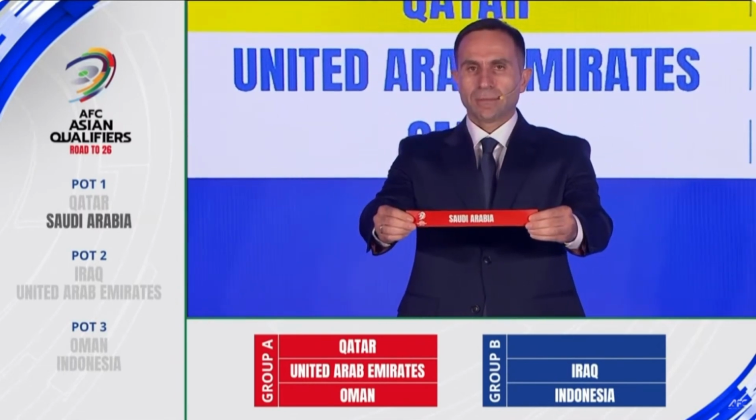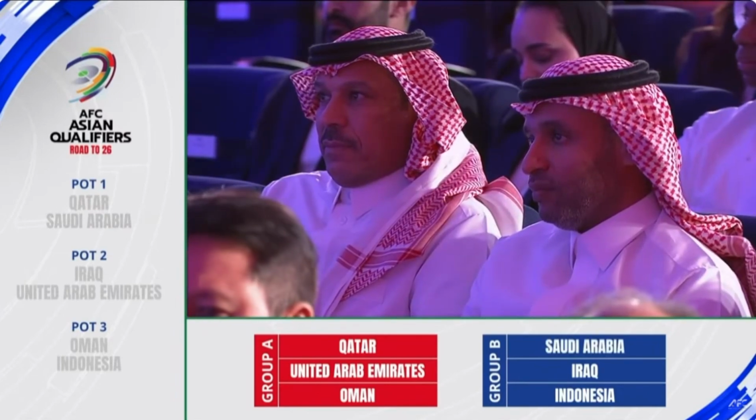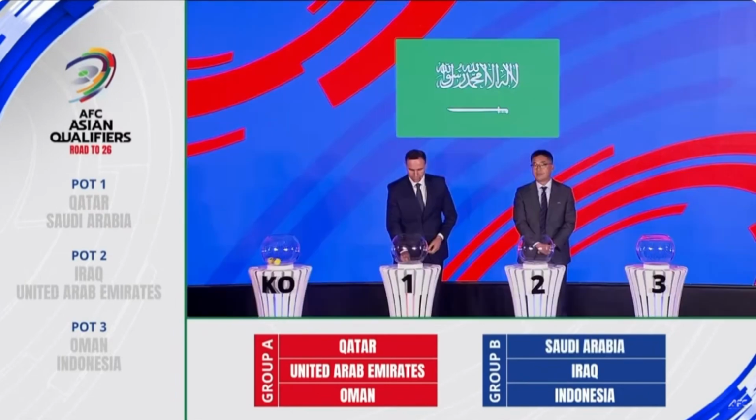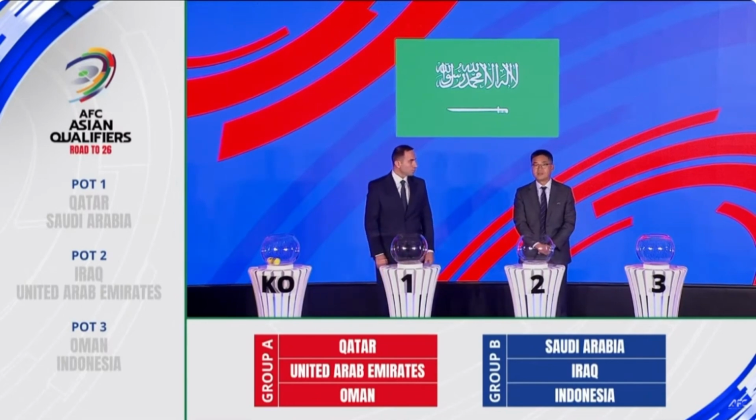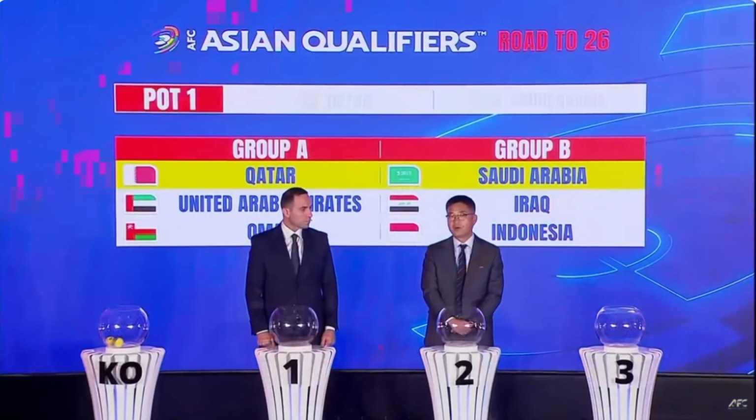Saudi Arabia. Saudi Arabia, one of the powerhouses in Asian football, FIFA ranking 58, and the host of Asian Cup 2027 as well as the 2034 FIFA World Cup host.